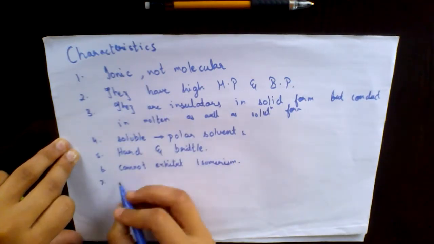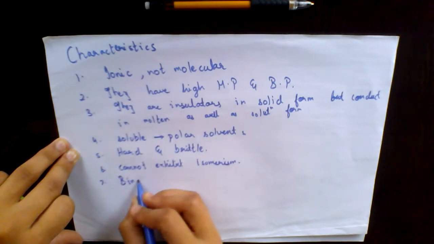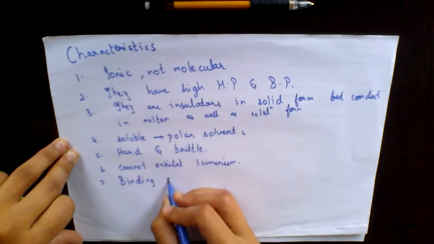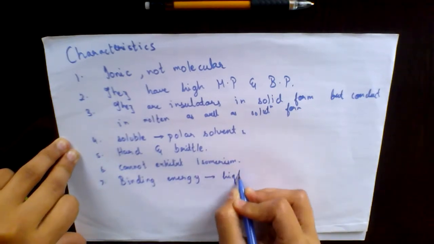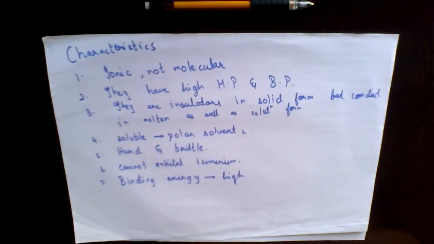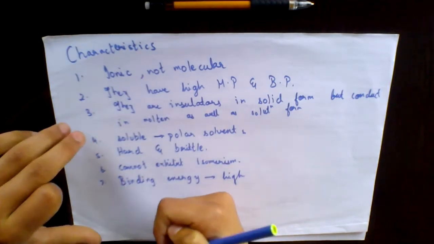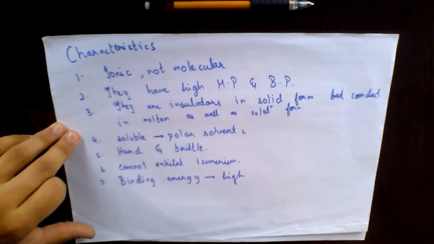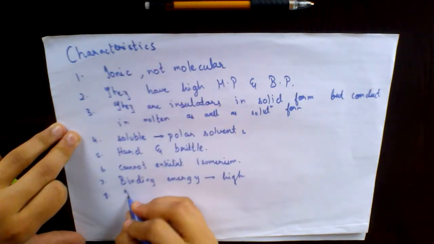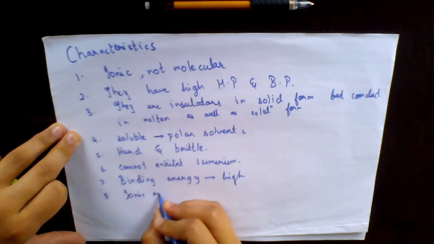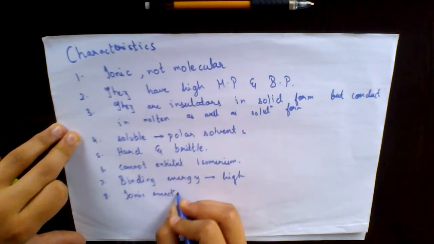Number 7. Binding energy is high. So when the binding energy is high, that means that it is difficult to break the ionic bond. And number 8, as the name is ionic bond, they undergo ionic reactions very fast.